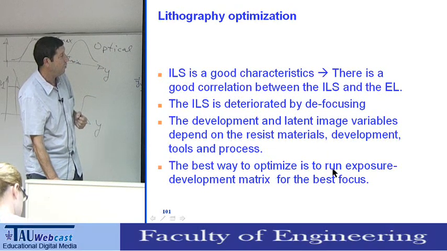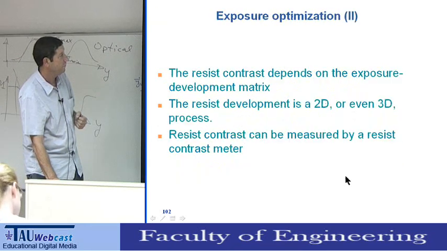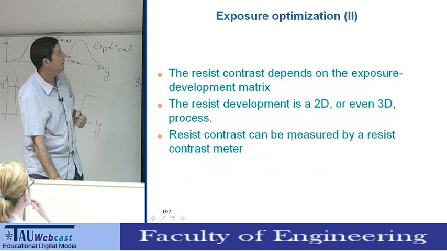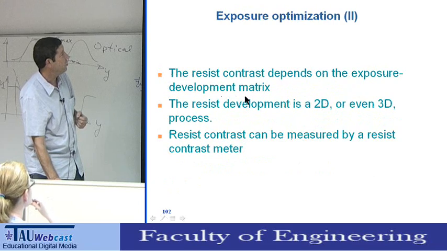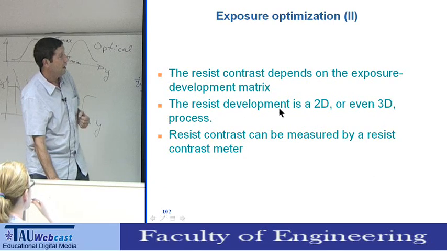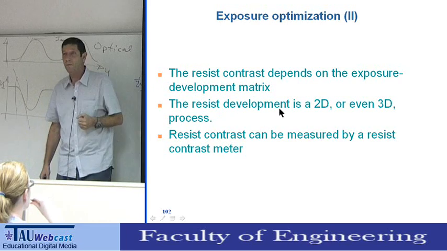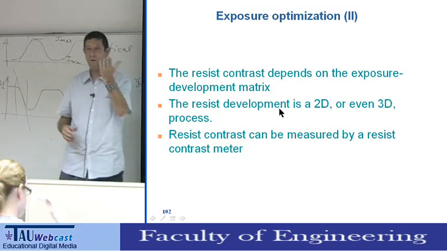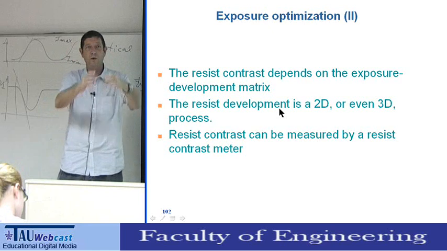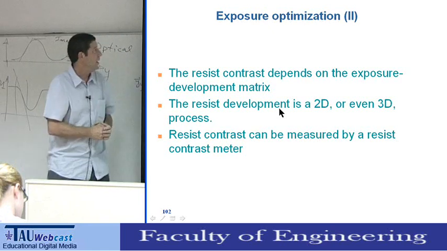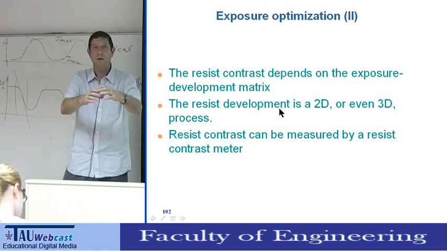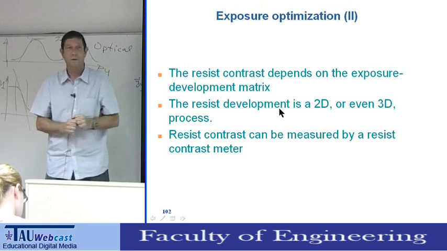The best way to optimize is to run an exposure development matrix for the best focus. And the resist contrast depends on the exposure development matrix. What is the exposure development matrix? You are taking the wafer, exposing it with a certain energy, and developing it for a certain time.